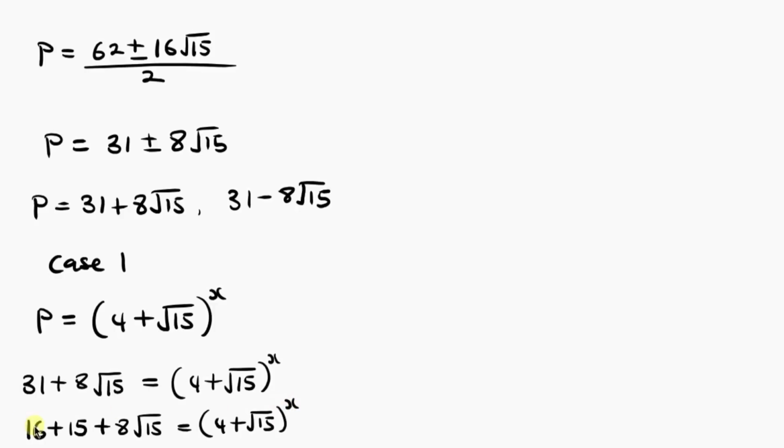Now, 16 is a perfect square. That means I can write 4 and square it. 4 squared gives me 16. Plus, now look at this 15. I want it to look exactly like the square root of 15.